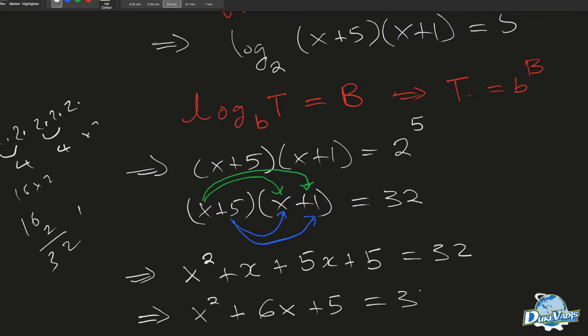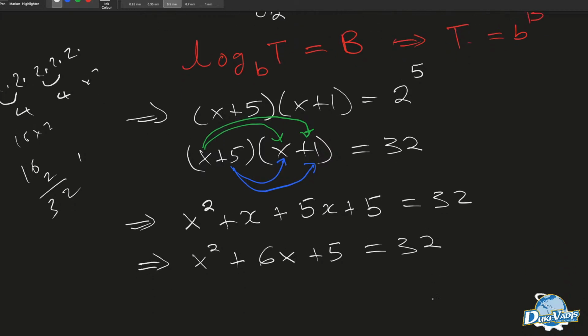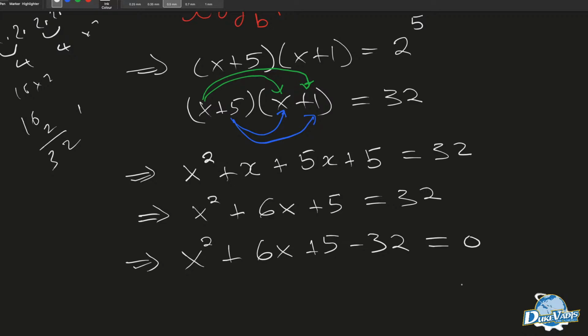Friends, it's becoming easier. So we have x squared plus 6x plus 5. When we bring our equation together, we get plus 5 minus 32 equal to 0. Friends, it's becoming simple, isn't it?